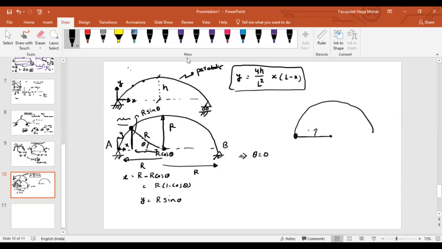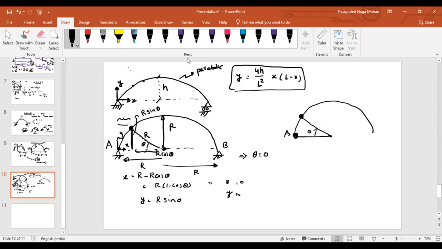If you're talking about some angle theta, that is where the arc of the circle meets the arch. So if theta is equal to 0, it is meeting at point A. If you can see, cos 0 is 1. What about X? 0. What about Y? 0. I'm just explaining whether they are satisfied or not.